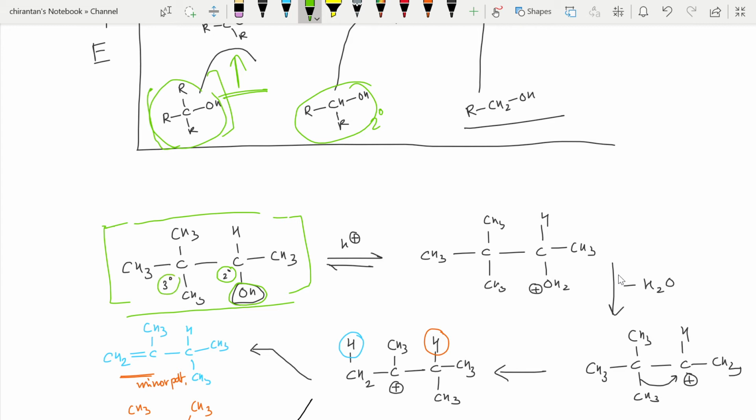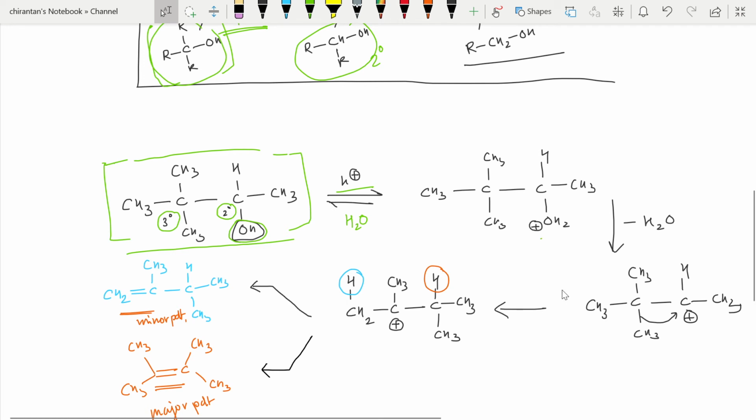When the reaction proceeds, in the first step the 2-degree alcohol is going to take a proton from the solvent and form the OH2 plus. In the next step, of course, the H2O will come out of the system and produce a 2-degree carbocation.